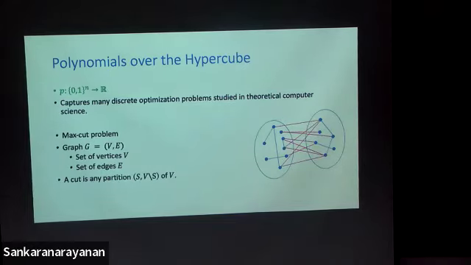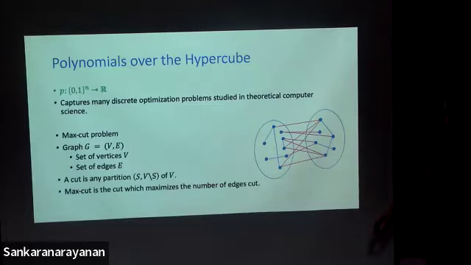And you want to compute the maximum cut, the cut which maximizes the number of edges which are cut. Here we count how many red edges there are. Those are the edges being cut, because one vertex lies on one side and the other vertex lies on the other side. So you want to find the partition which maximizes the number of edges cut. That is the maximum cut problem.